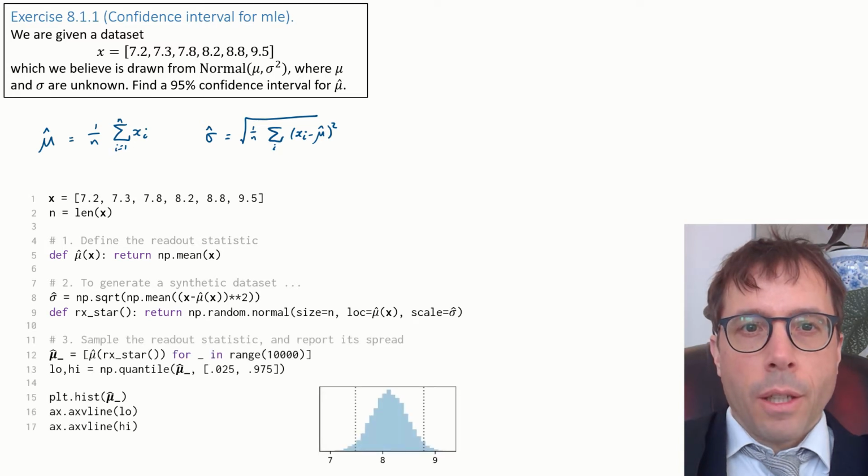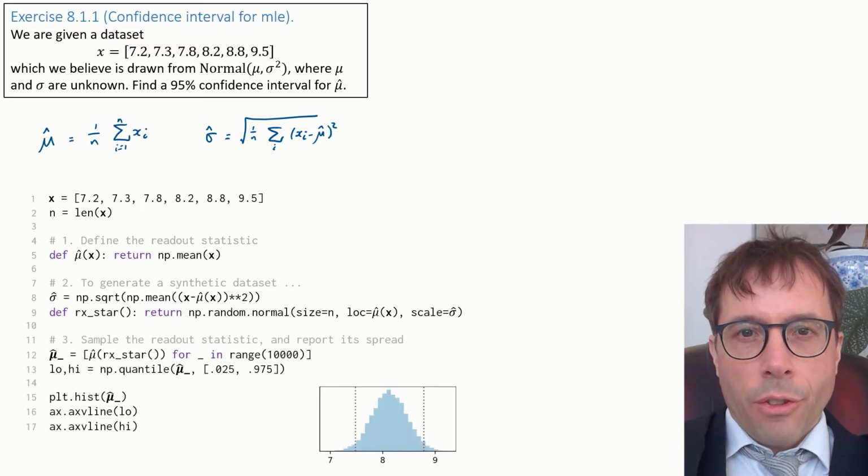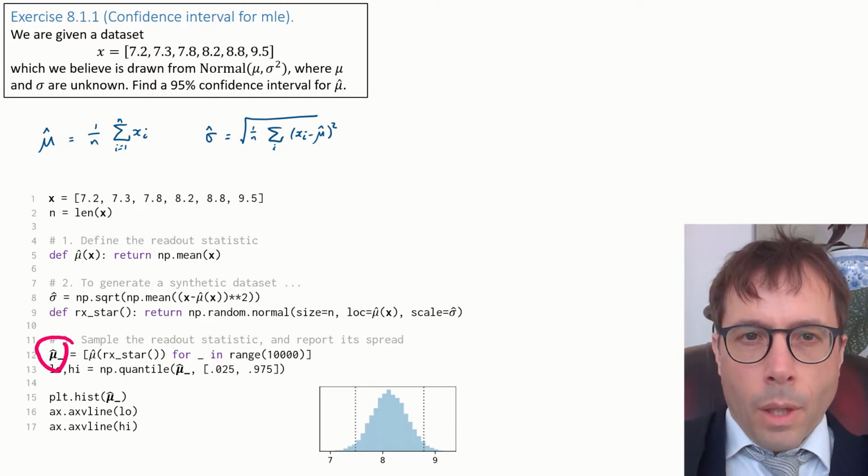Step 3, sample the readout statistic by generating lots of synthetic datasets and computing the readout statistic on each of them. In my code snippets, I'm writing the list of sampled values with an underscore, and I'm putting it in bold to emphasize that this is a list. Here I'm also showing the two-sided 95% confidence interval.